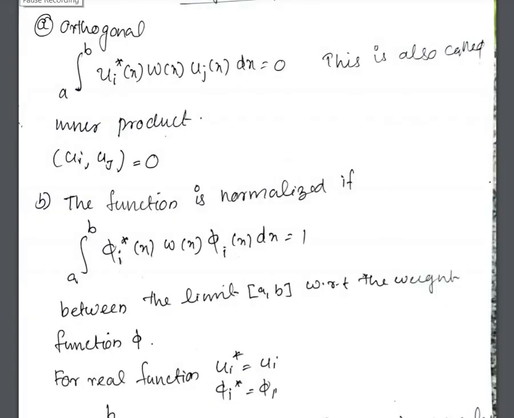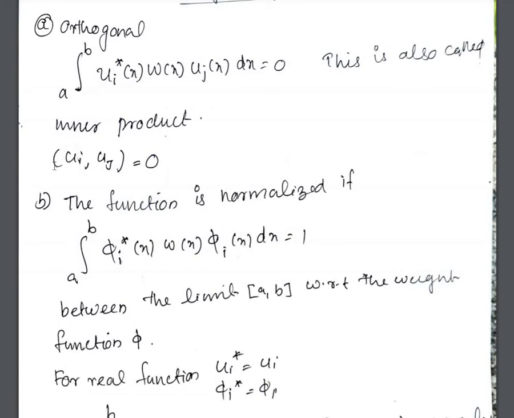Now let us discuss orthogonal functions. What is an orthogonal function? Suppose ui and uj are two functions. If the integral of ui star of x, w of x, uj of x dx is equal to 0 between the limits a and b, where w of x is the weight function, then we can say that ui and uj are orthogonal.